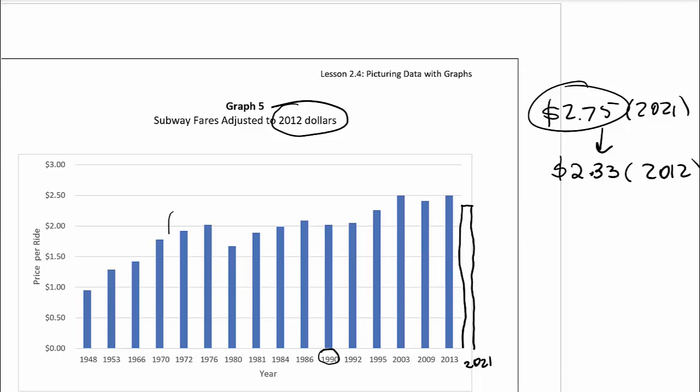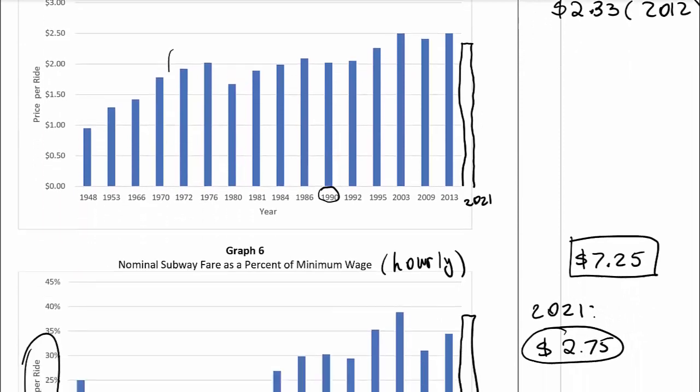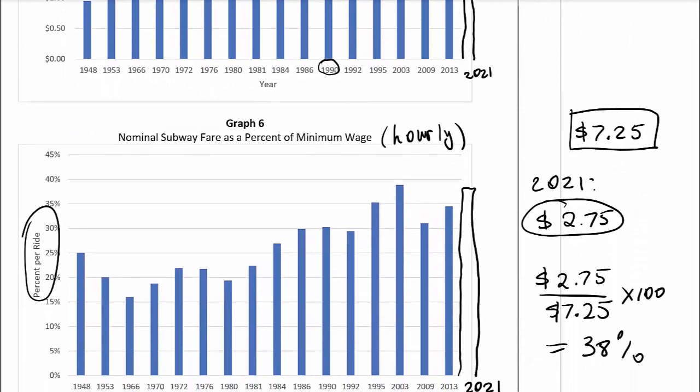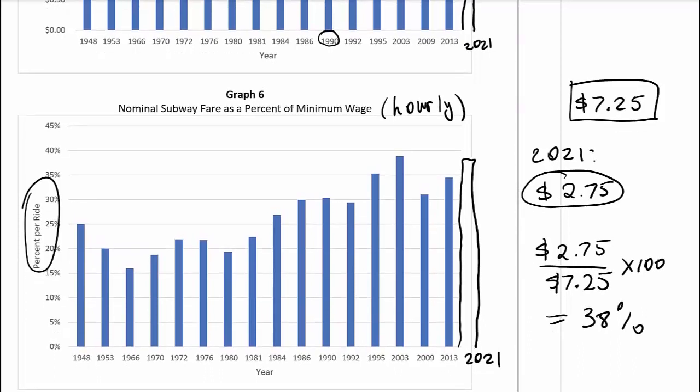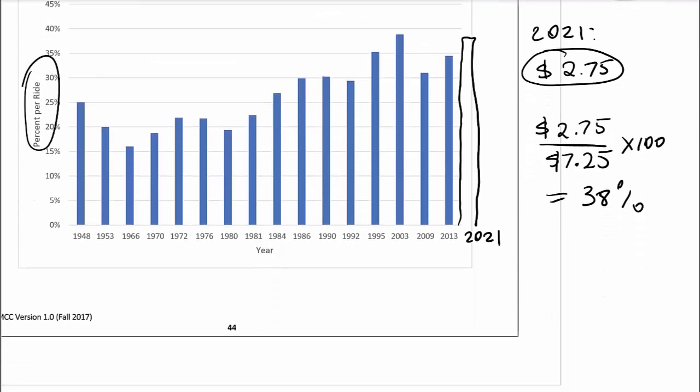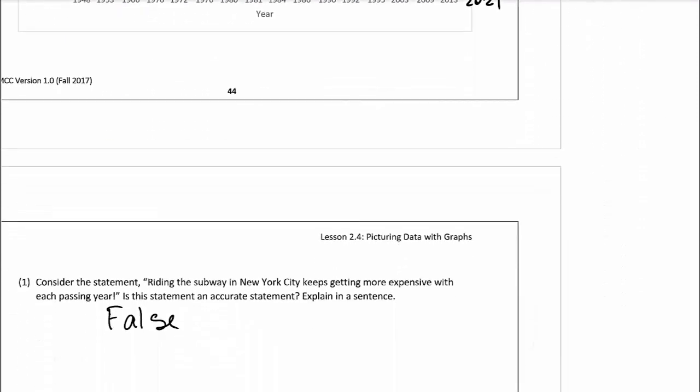It was ranging around $2 to $2.50, so it hasn't gone that much higher. All right, so relative to everything else, it was okay. And then looking at the percent of the minimum wage, it's also kind of staying below 40%. So I would argue that it's false.